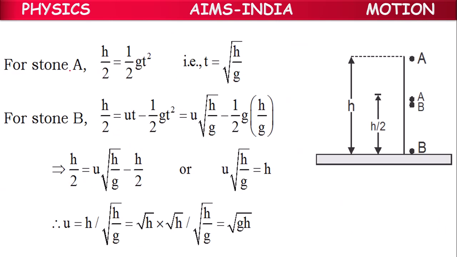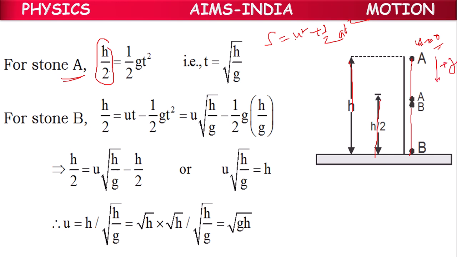So stone A came like this, stone B went up. Total height is h. They are meeting at h by 2. For stone A, we have the formula S equal to ut plus half at square. But stone A is a freely falling body, so initial velocity u is 0, and it is coming down, so a value we can take plus g.